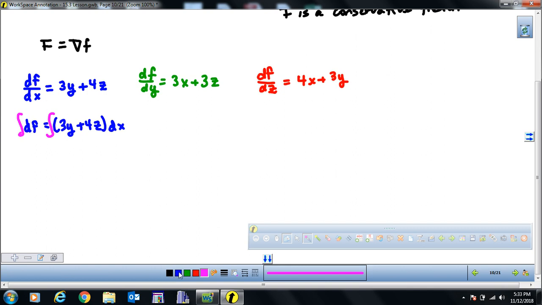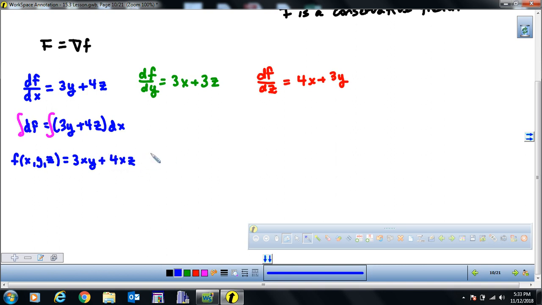So we integrated with respect to x, that's going to tell us that the function f of x, y, and z equals 3xy plus 4xz.